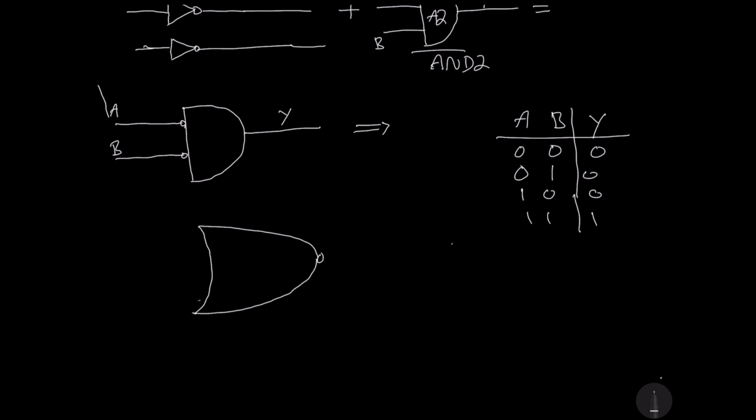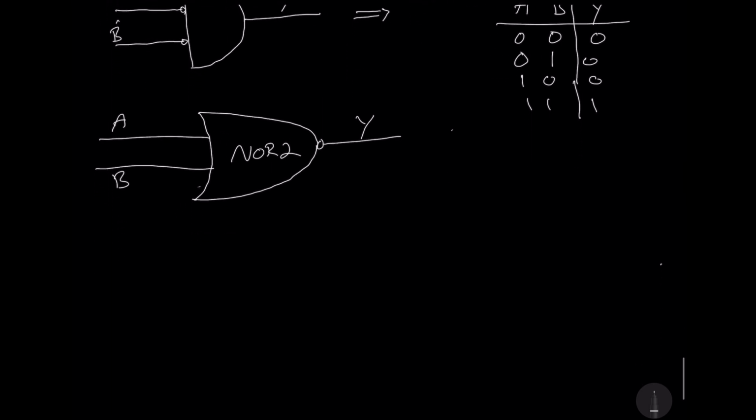So that will be our NOR gate here. So that will be not A, not B. We can call it NOR2. The truth table for this NOR2 and this logic gate will be exactly the same.